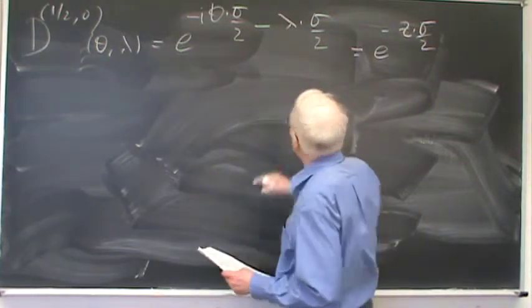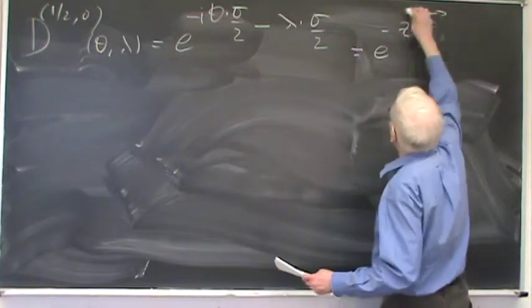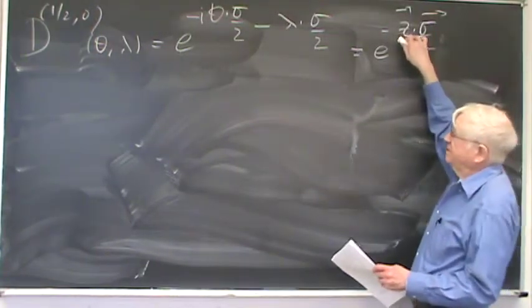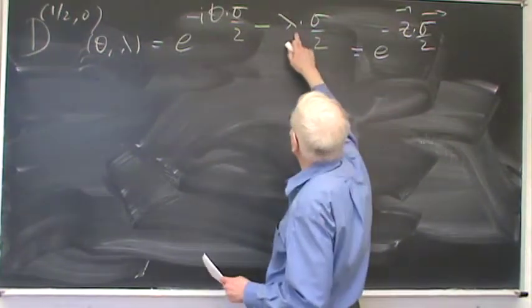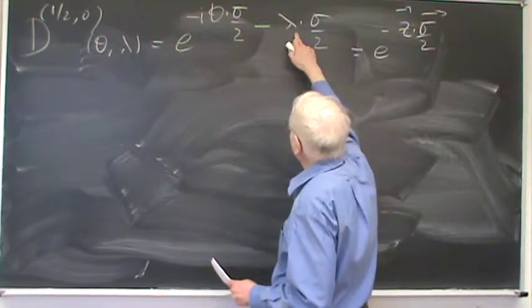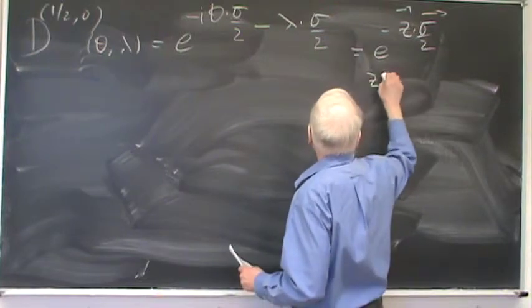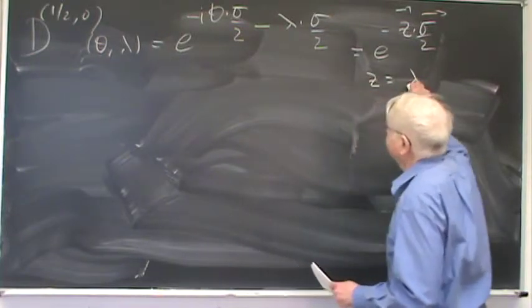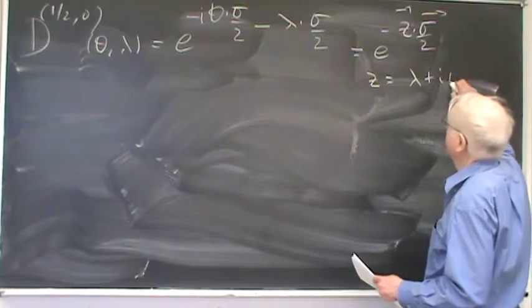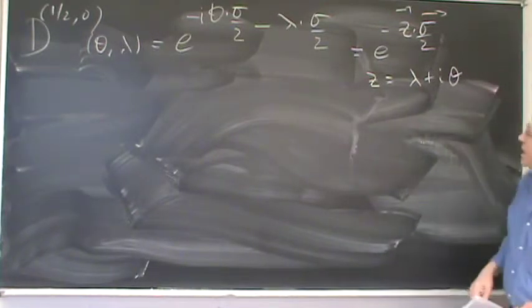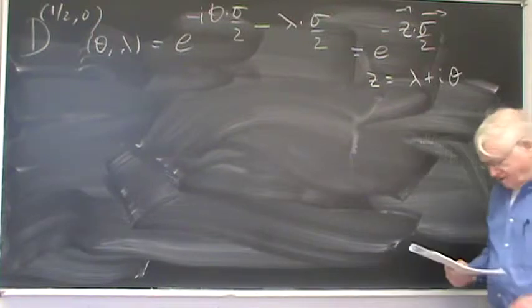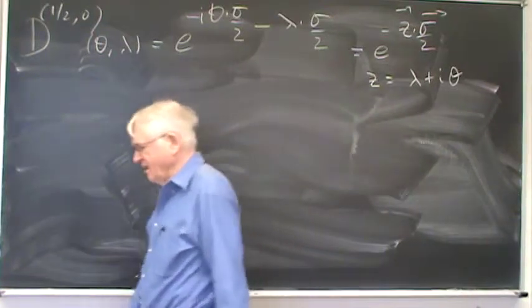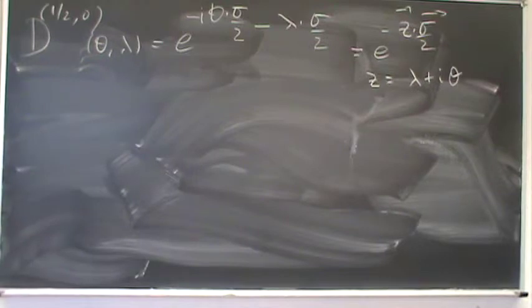And z is a complex 3-vector in which the real part is lambda. In other words, z is equal to lambda plus i theta. Okay, so this is the standard left-handed spin 1/2 spinor.